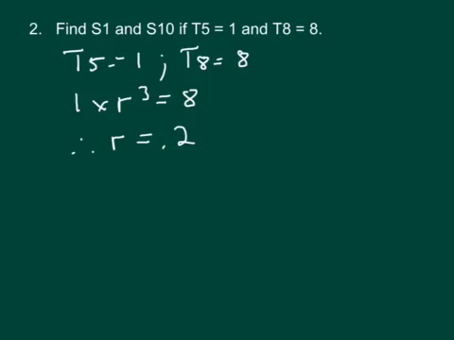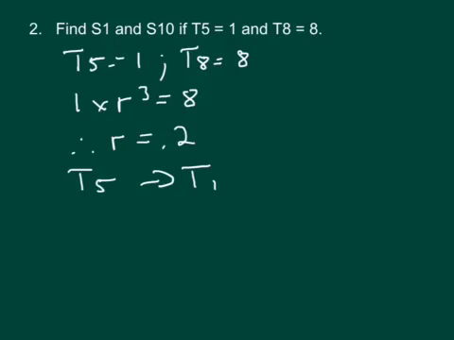Okay, so now what we need to do is find the first term. Well, that's the same as finding A, isn't it? So how we do that is use a kind of reverse logic to what we used here. If we are going from the fifth term down to the first term, we're going to need to divide the fifth term by r to the power of 4, aren't we? 5 take 1 is 4.